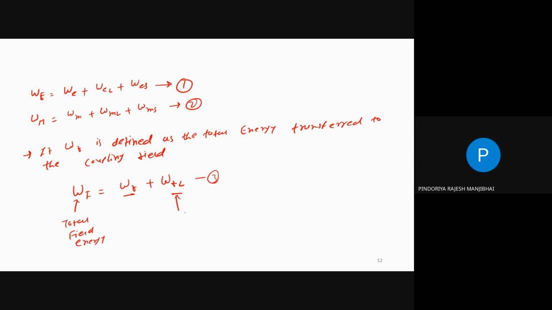So this is the losses and this is your field energy. Yes, we have to consider the losses also, correct? Otherwise, we cannot say our system is correct. We don't have a system with 100% efficiency. Yes, we can say 99% efficiency, 80% efficiency, 98% efficiency, correct?